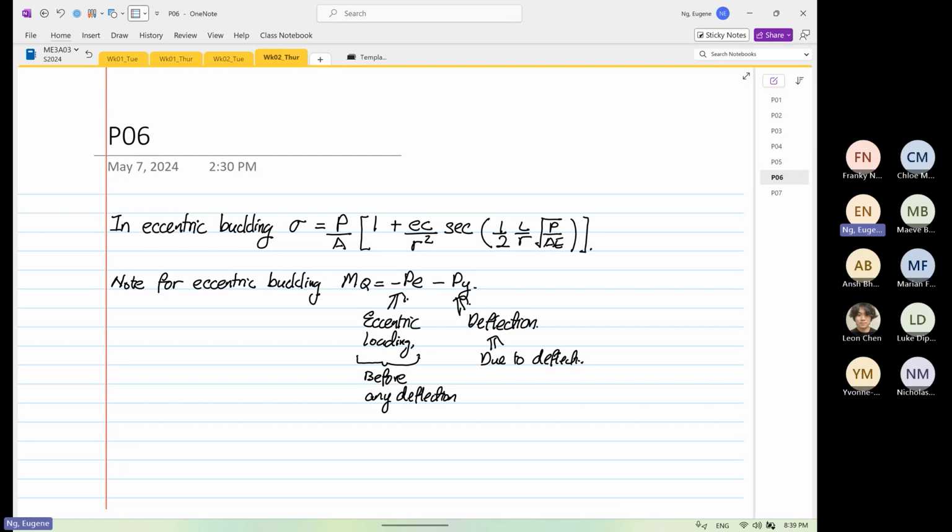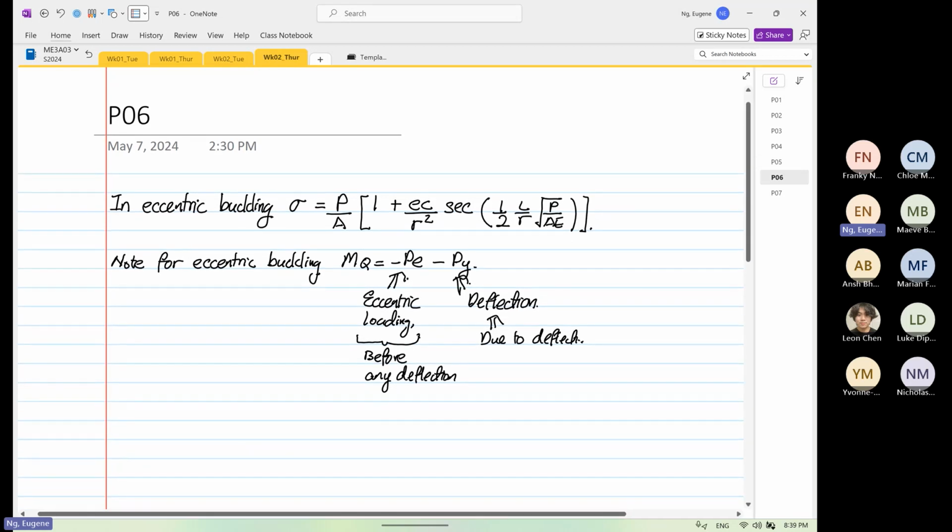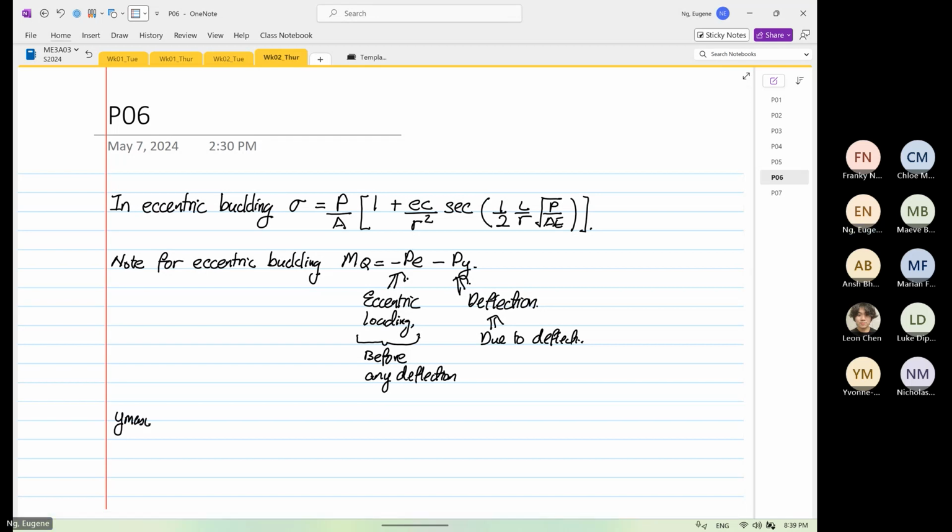The next formula that you have to know is the Y max. If you're interested to derive it, I'll post the notes on Avenue to Learn, just for you to look at. Last term I derived it, I realize it is long to derive. Just apply the formula.